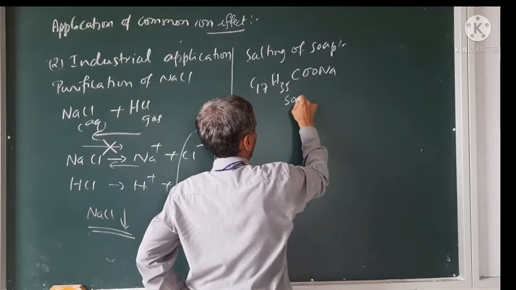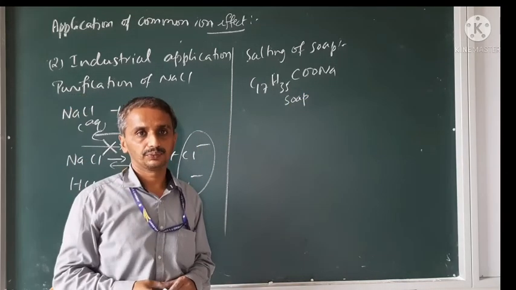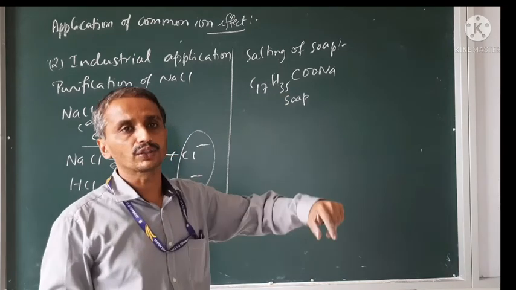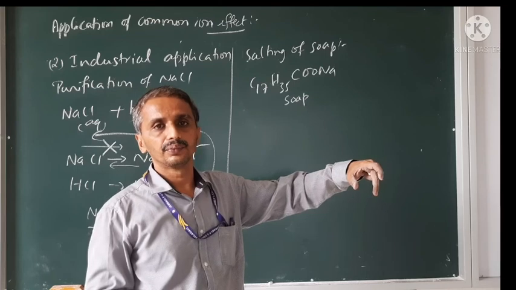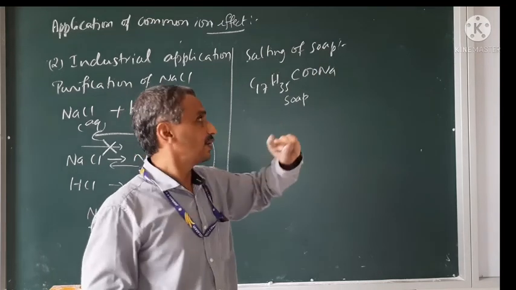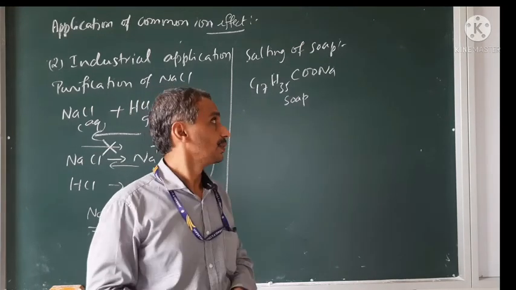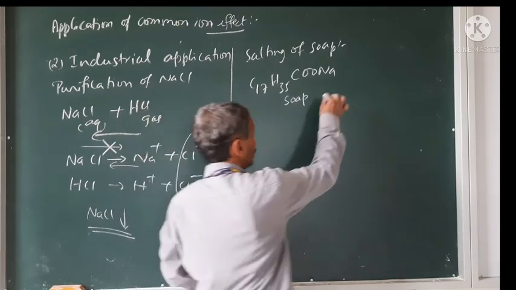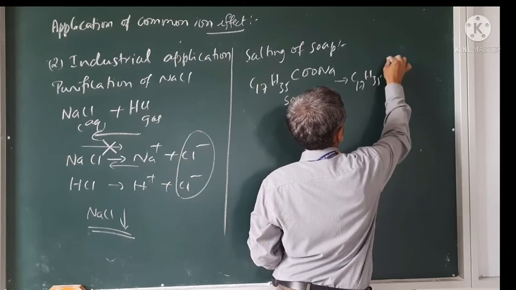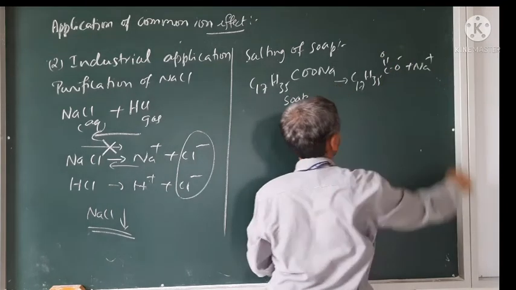This is the soap, which is obtained through saponification of esters, the reaction of sodium hydroxide or potassium hydroxide with oil or fat. So this gives C17H35COO minus and the Na plus.